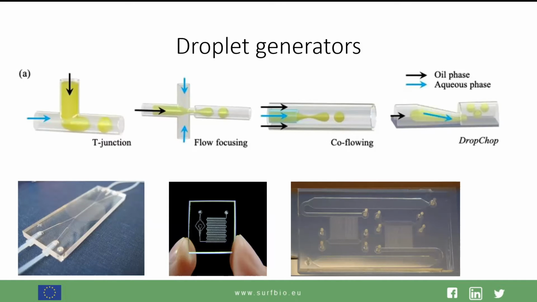If you have a chip with special geometry, you can cut your big drop into small drops. All of them are explained for immiscible liquids like oil and water. In this case you have two liquids, one inside another, which behave differently under the pumps.